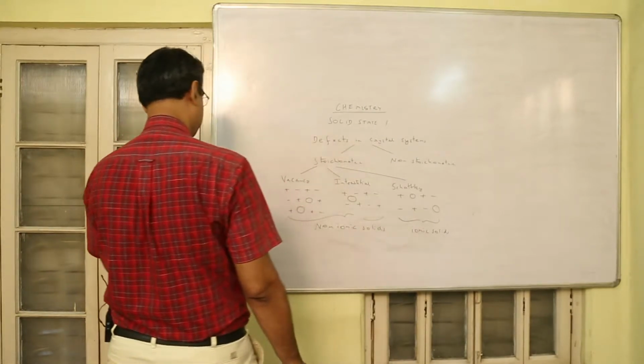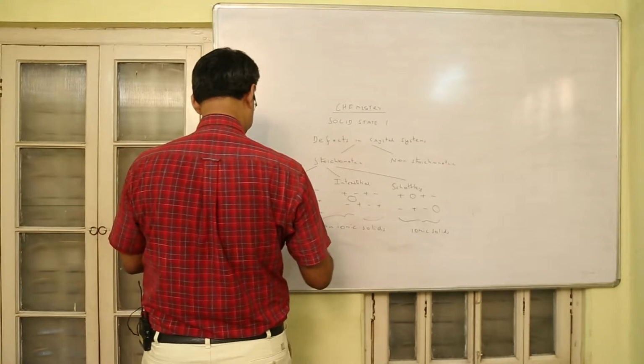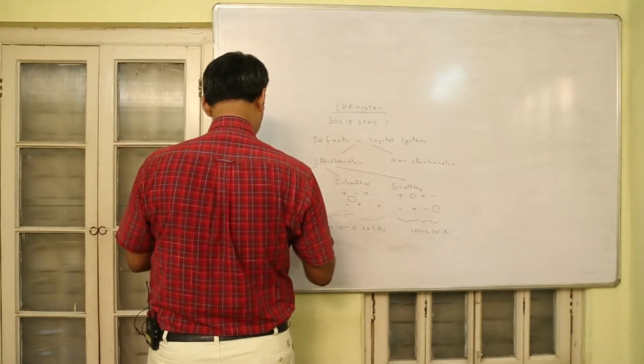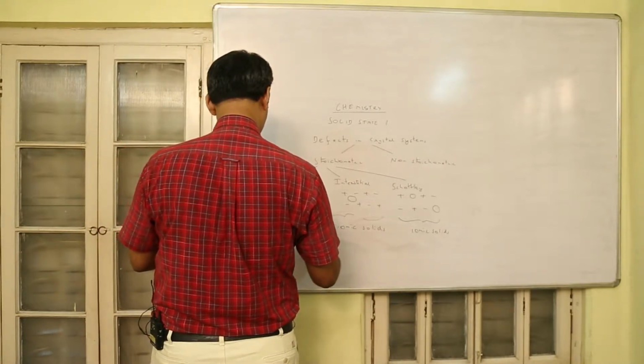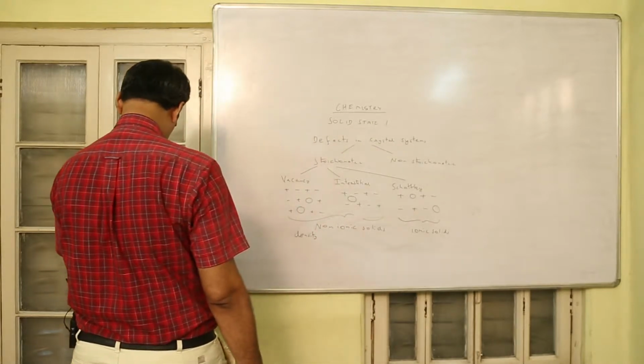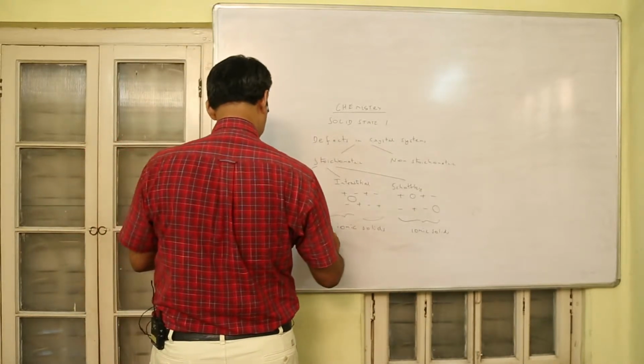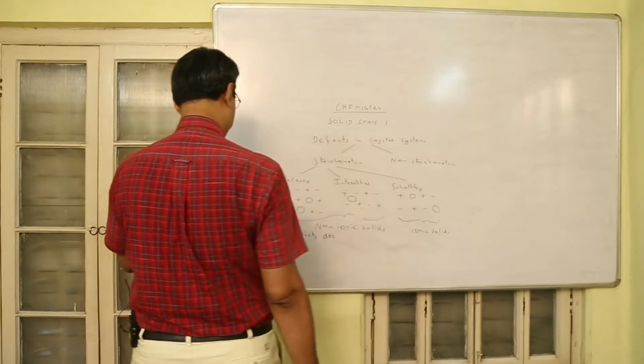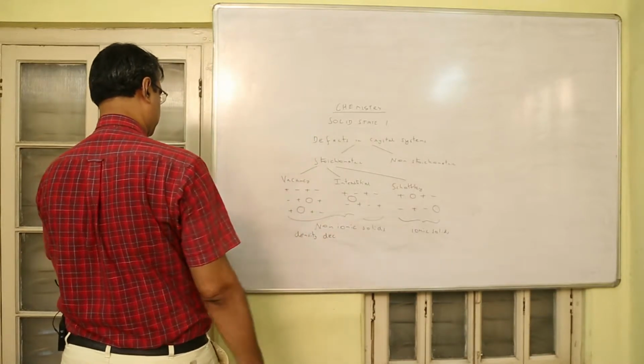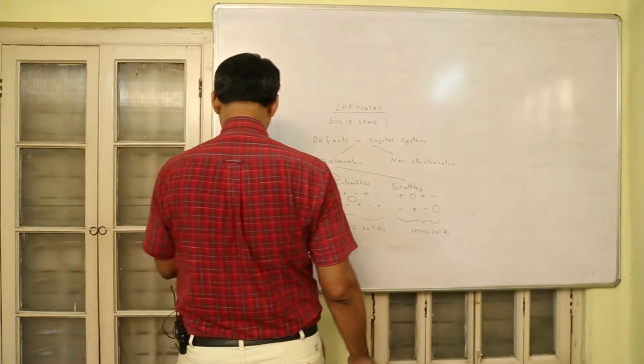Another thing is that in case of vacancy defect, the density decreases. Why? Because there are some missing ions.